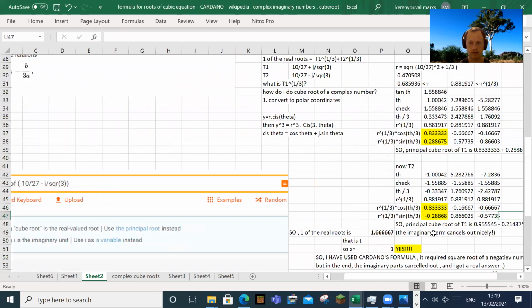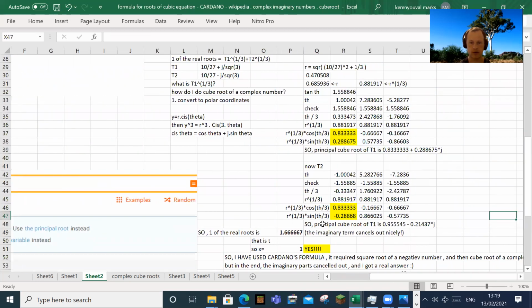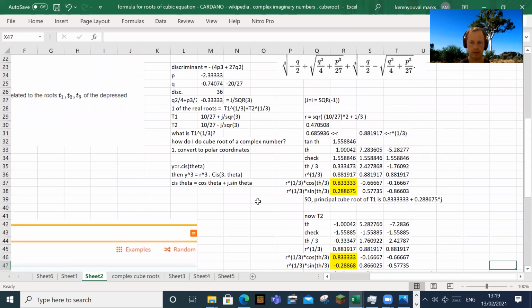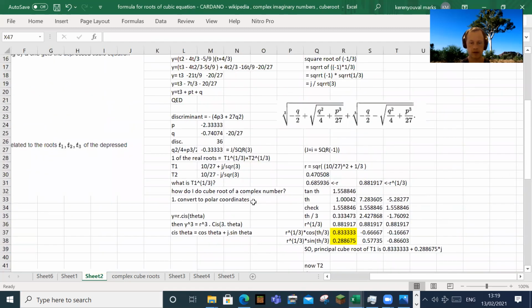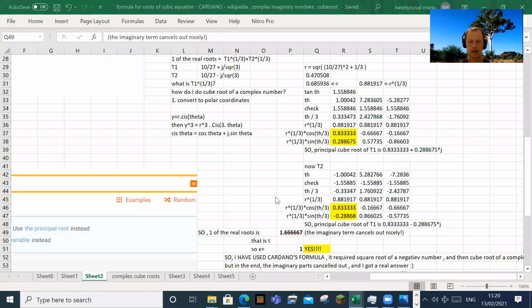So now that's it. Okay, so now let's do term 2. So we see here we're doing exactly the same process.